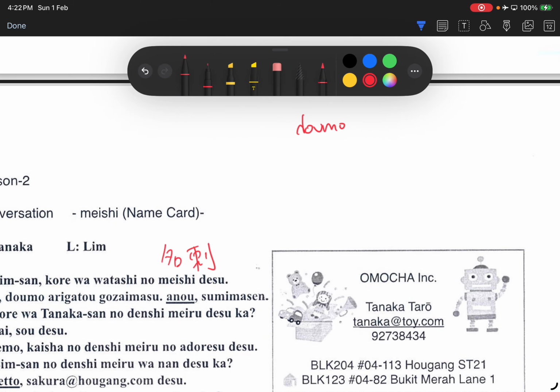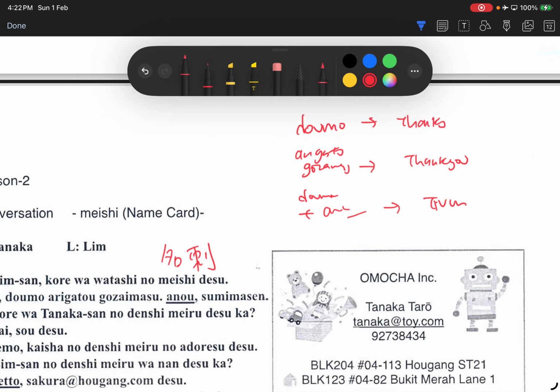So どうも is like thanks. Then ありがとうございます. It's like thank you. Then どうも and ありがとう together becomes thank you very much. So the level of politeness goes up when you use more and more words together. That's why Japanese email very long. Because you use a lot of fluff.